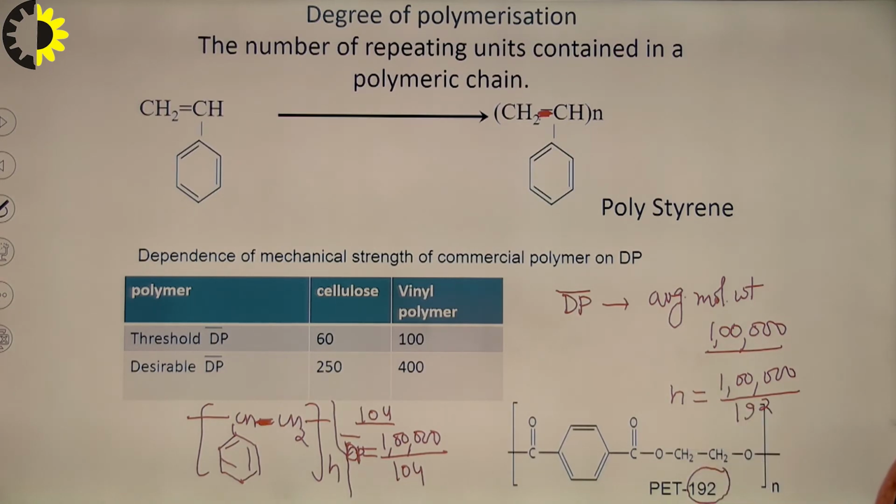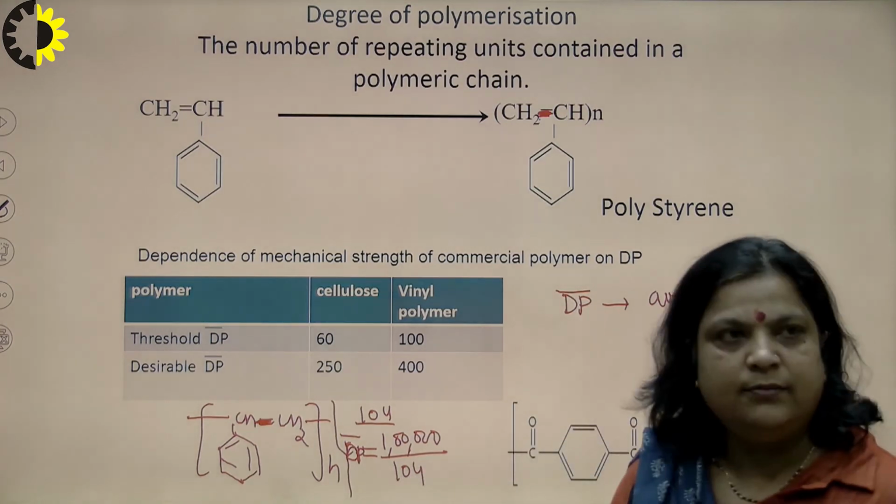If we find the degree of polymerization, then it will be 2 into this, because the repeating unit will be 2 into the structural unit. So, in this case multiply by 2, in the other case multiply by 1.